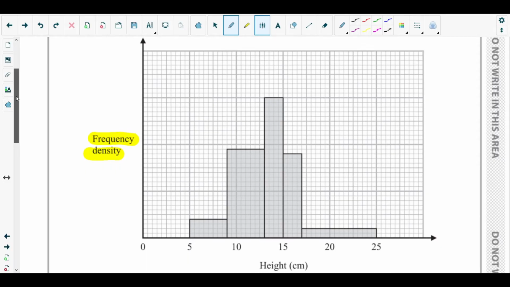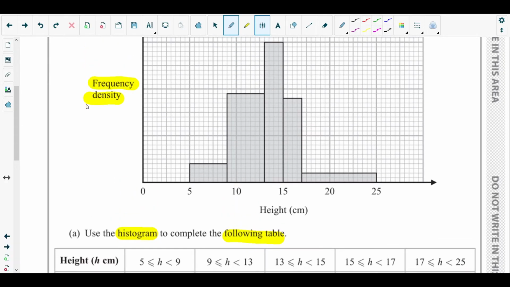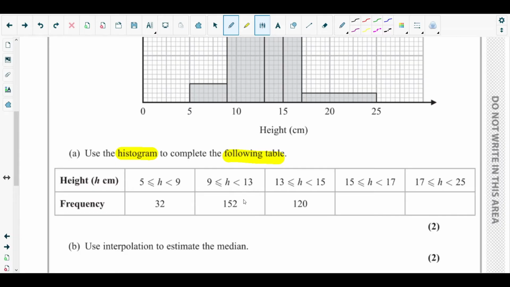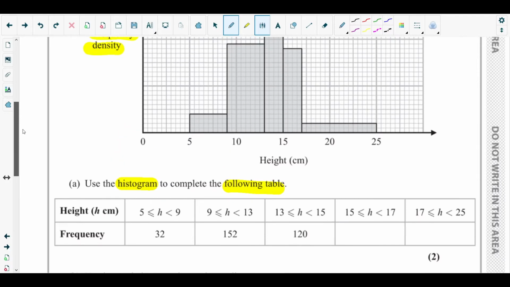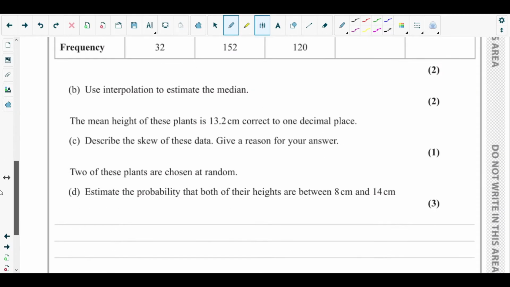But we know the frequencies for 3 of these classes, so we can use these 3 given frequencies to figure out the scale along the y-axis, the frequency density labeling. Since the area of a bar is proportional to the frequency, we can use this concept.